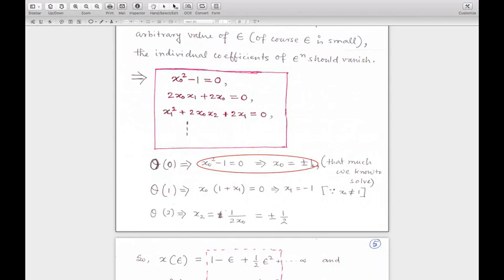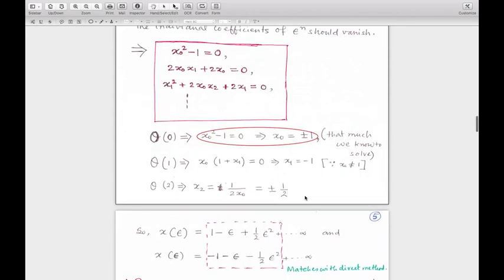Although x0 has two possible roots, x1 has only one. But x2, if you put back the values of x0 and x1, will have the value 1 by 2x0, so it will also have two values depending on whether x0 is plus or minus 1.